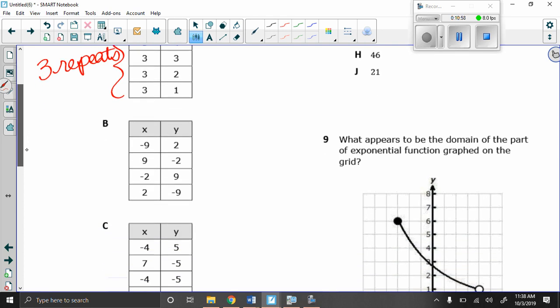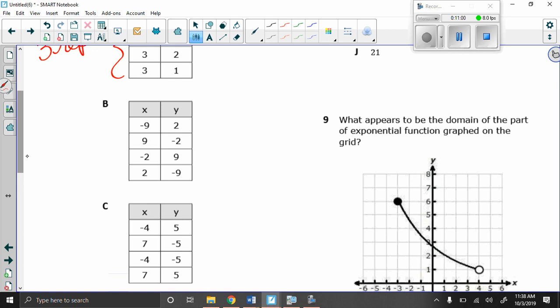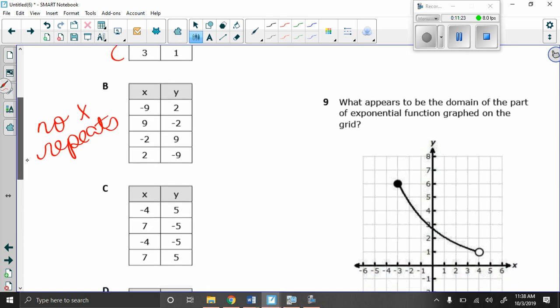If we look at B, is B a function? Well, I see that -9 doesn't repeat, 9 doesn't repeat, -2 and 2 also do not repeat. So I'll just make a note off to the side that there are no x repeats. And let's look at the other answer choices.